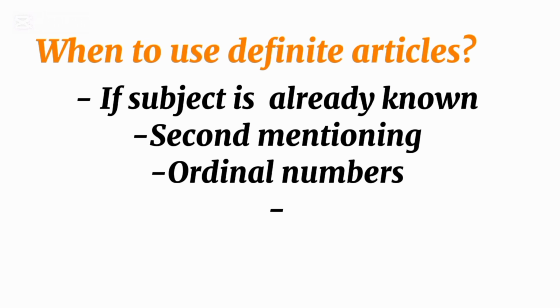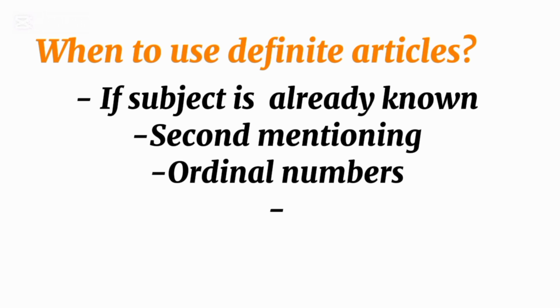Now we want to add more information on this man, so we'll say the man is from Kenya. Now you see, we are using the. There is a definite article. We are now mentioning it for the second time. That's when we use the. But if it is just for the first time, we'll use another article, which is a. Second mentioning of a noun, when the subject is already known, that's when we use definite articles.